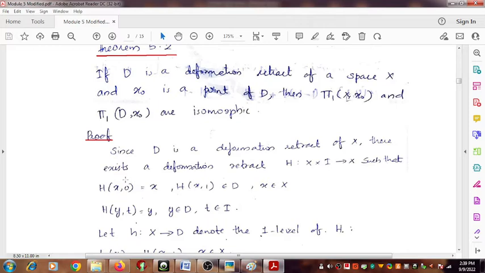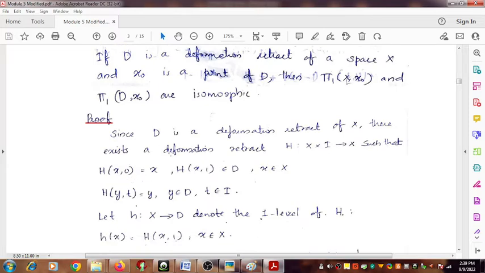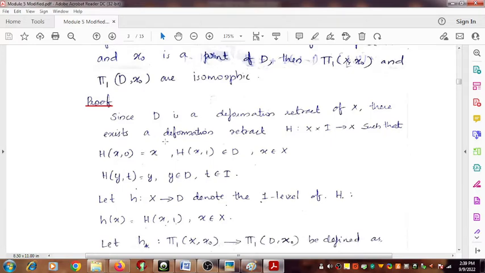Okay, to prove this, let's take the given space X and the subspace D. Since D is a deformation retract of X, we know that there exists a continuous function, that is the deformation retraction.